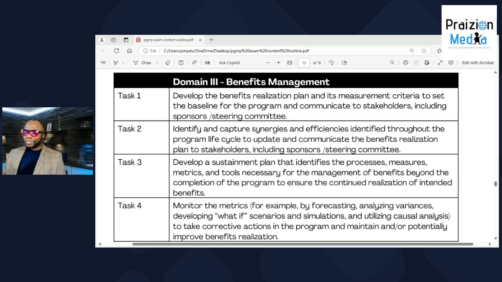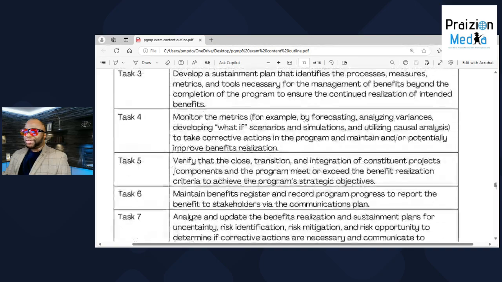All right. So getting into domain three, we have here not that many tasks. Let's see how many tasks we have. So we have 8 tasks.